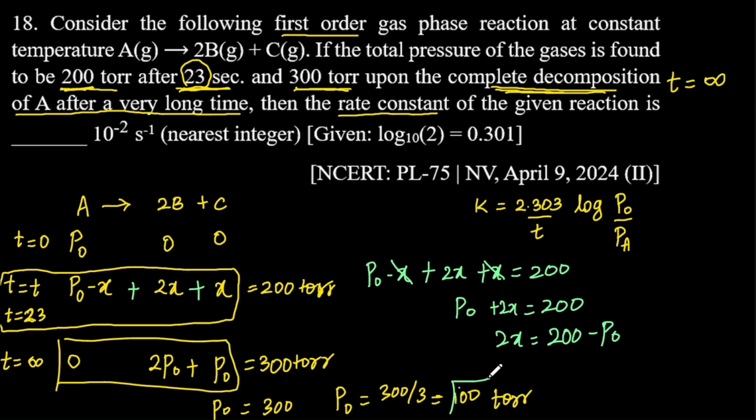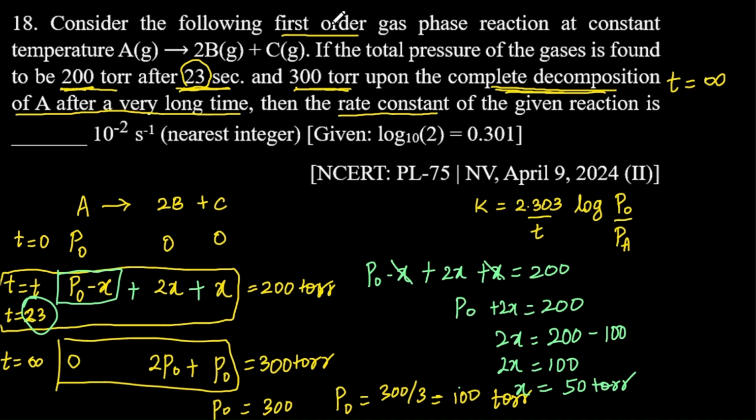Already we got the value of P naught as 100. So let us substitute the value of P naught, 100. So 2x equal to 100. So what will be the value of x? x is 100 by 2, 50 torr. So we got the value of x. Now we can find the partial pressure of reactant A at time 23 seconds.